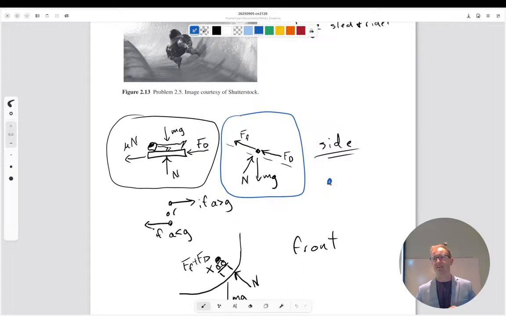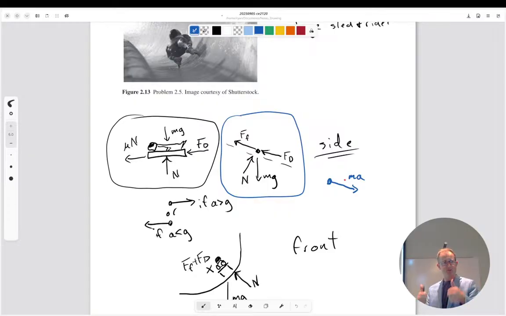Okay, so we're somehow away from the force of friction. All right. ma, like that. What if we deploy a parachute? Is ma still pointing down that way?